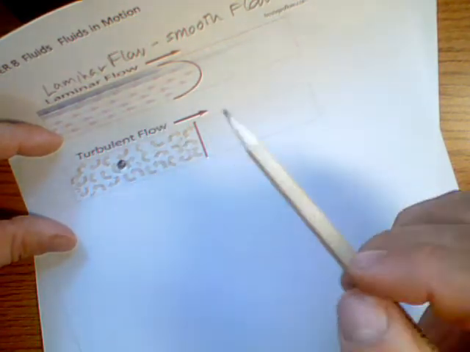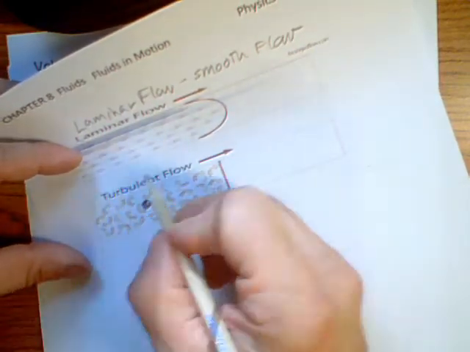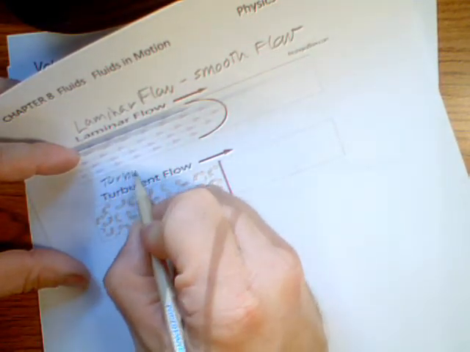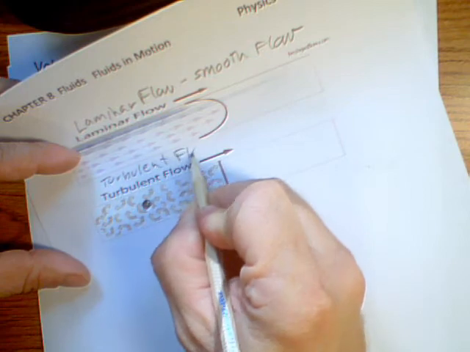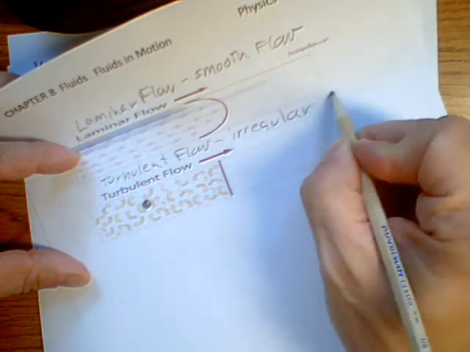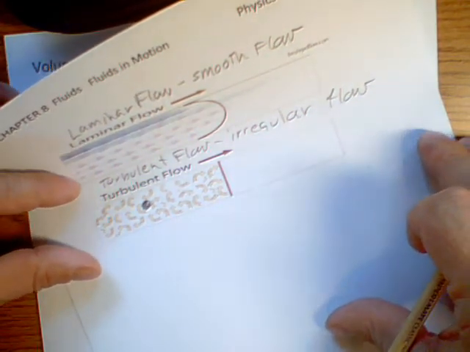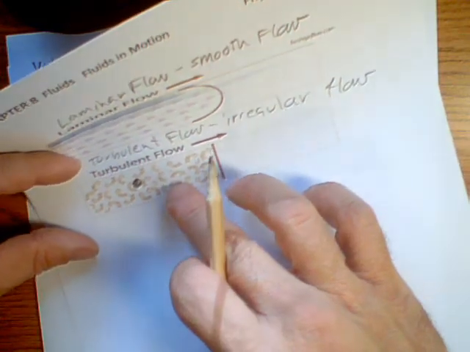So laminar flow is smooth flow, and turbulent flow is irregular flow.